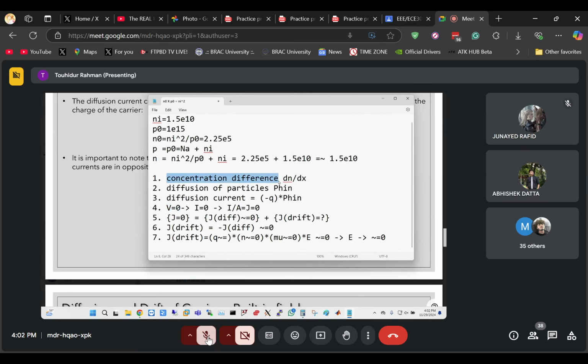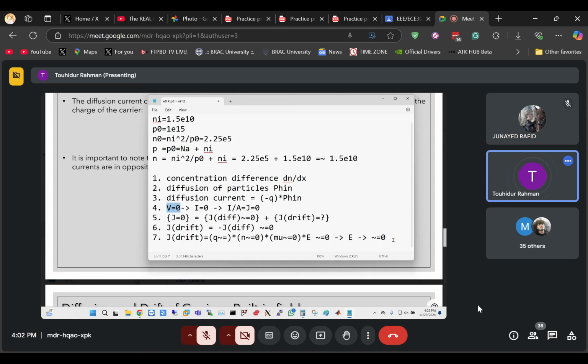If we have a concentration difference and the voltage is 0, the diffusion current is not 0, that will make the drift current not 0, and that will make the electric field not 0. So I can conclude that if there is a concentration difference and no voltage applied, there will be an electric field, but we did not apply any voltage.